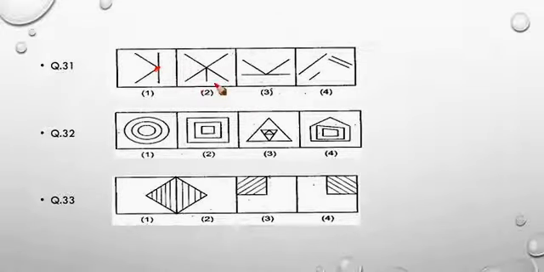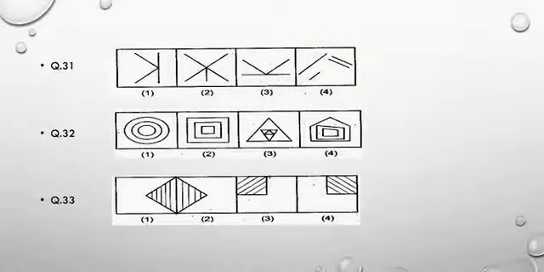In case of option 2, they are meeting at this place. In case of option 3, the 3 lines are meeting at this place. But in case of option 4, the lines are not meeting anywhere. So answer to question number 31 is 4.